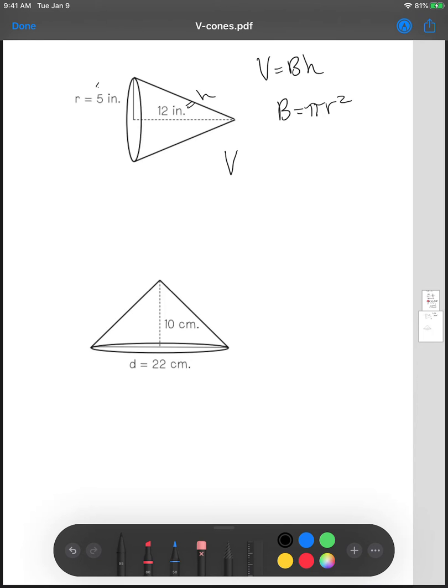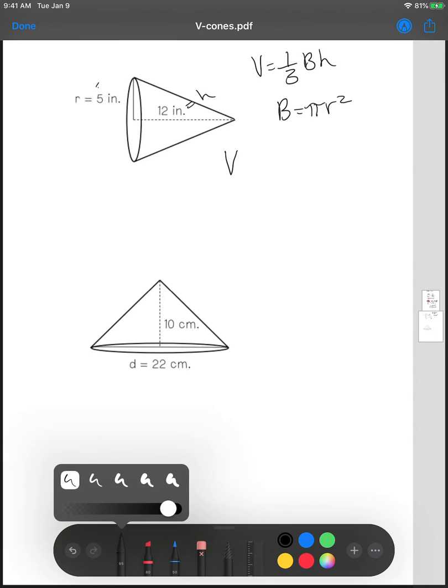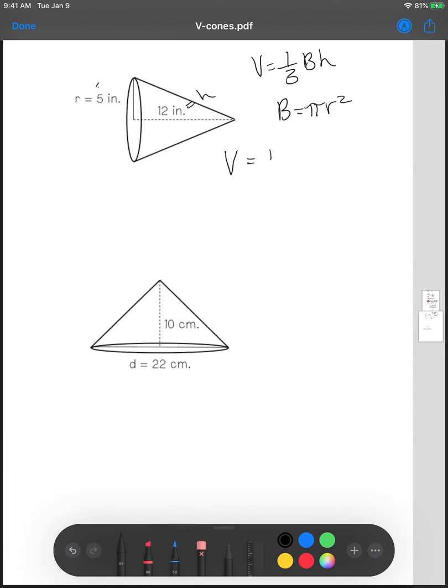So volume, dang it, I did it again. Oh my goodness. 1/3 base times height. Don't tell Miss Weaver. So 1/3 pi, radius is 5, squared, times a height, which is 12. And we got to put that all in our calculator.